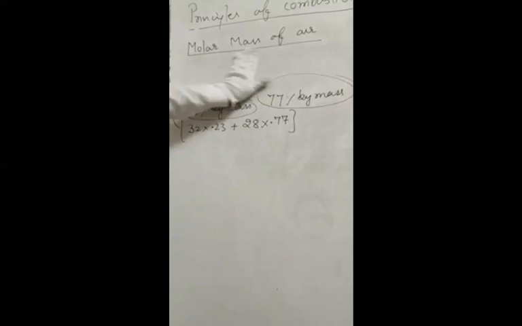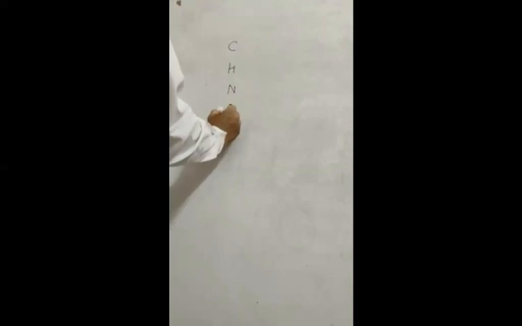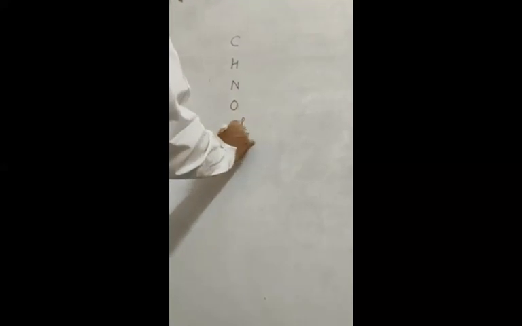Now in numericals, while solving problems on combustion, what is given is the composition of coal. Say it has carbon, hydrogen, nitrogen, oxygen, and it also produces ash.